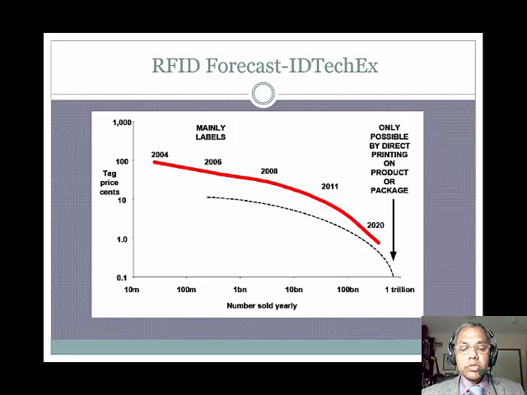The red curve shows the predicted trends of tag price over the years until 2020, and the bottom dotted curve shows the ideal situation that we desire to have for the tag. Until we can make the tag less than a cent, we cannot attract its application in mass deployment such as retail items and perishable products.